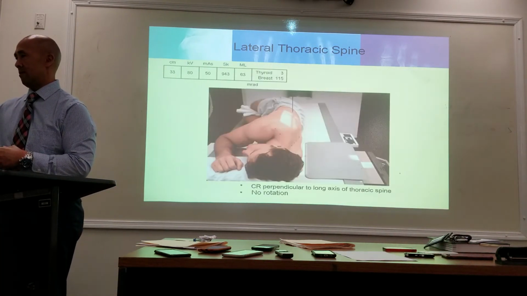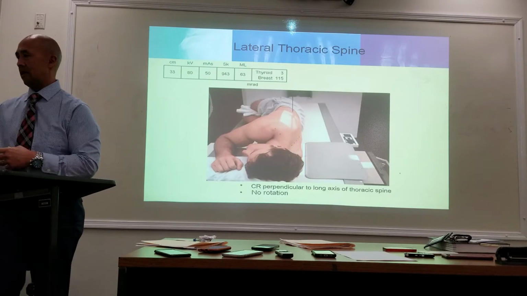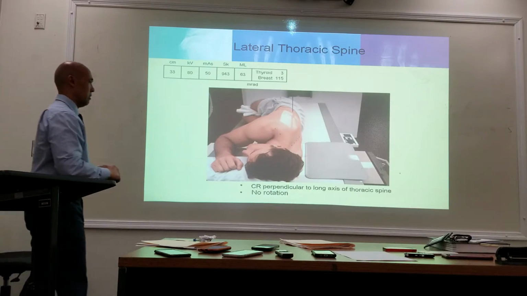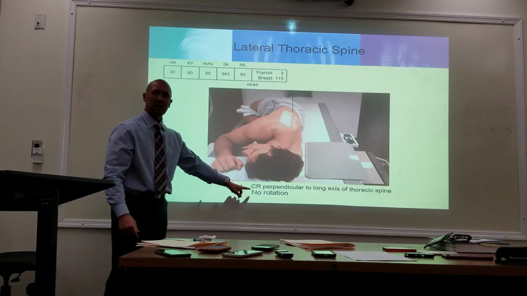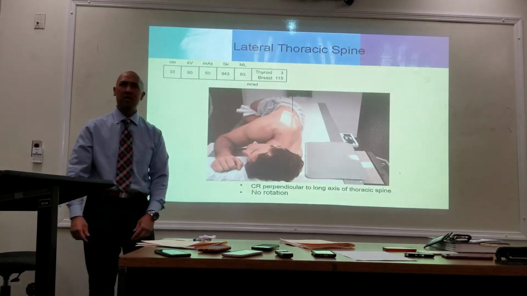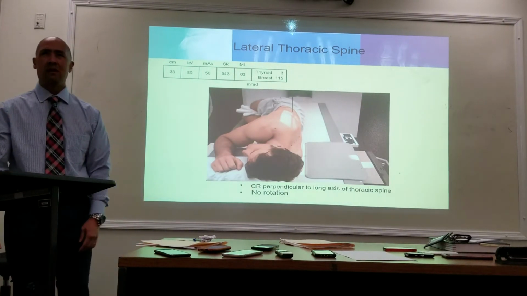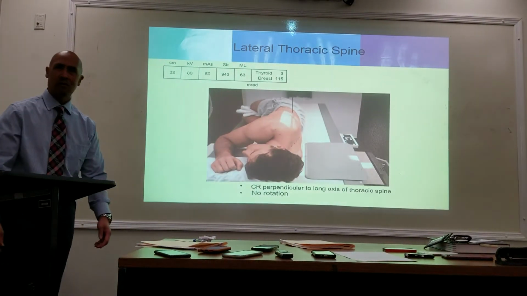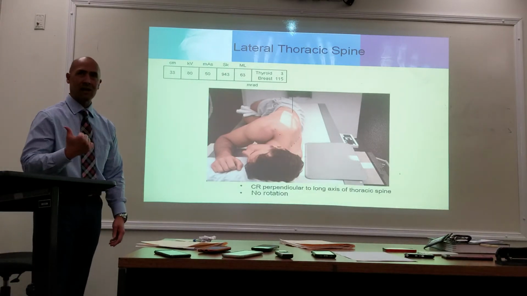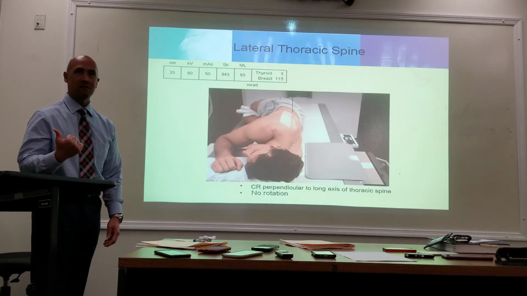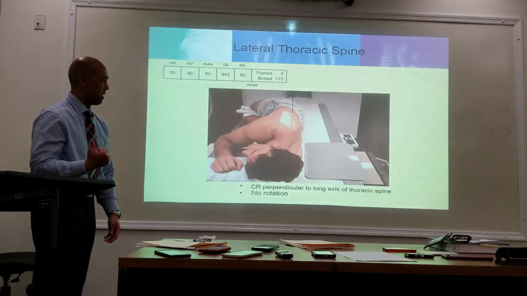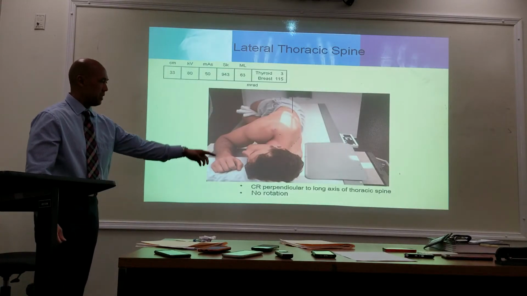Now, there is one correction. I think your slide said mid-coronal. I don't know how they got mid-coronal, because the spine is towards the back, not in the middle. It's towards the back. So this is taken directly out of your book.